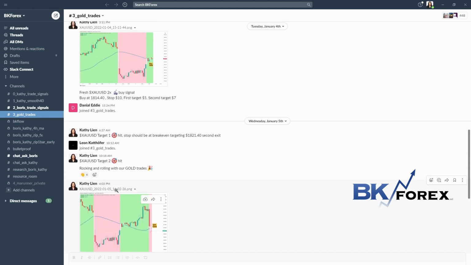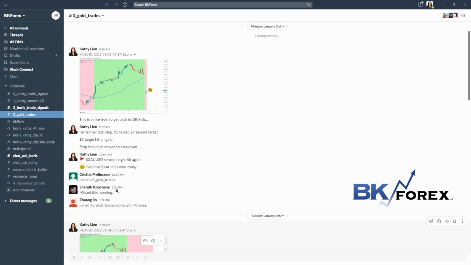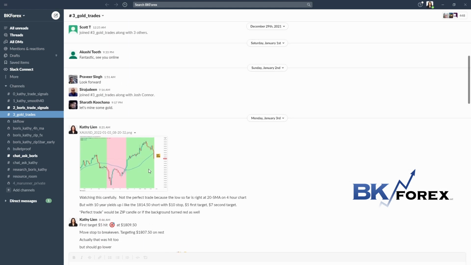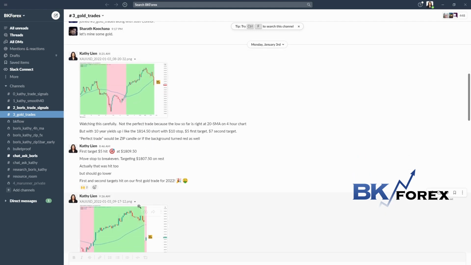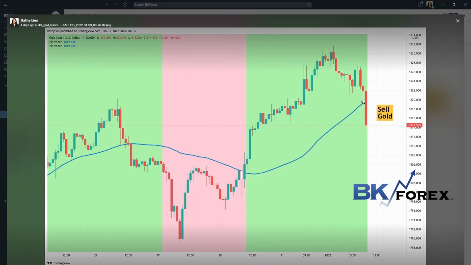Taking a look at the trades, let's scroll up to the first trade that we had for gold, and that was this trade over here, which was a short trade.